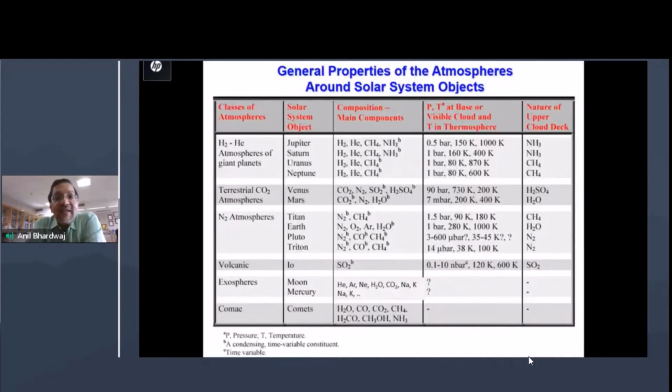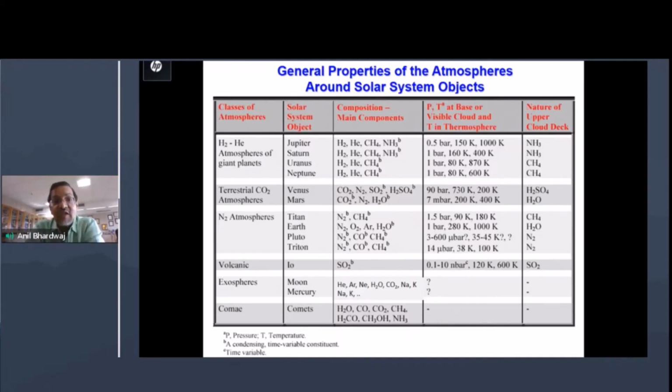If you look at the atmosphere of these planets and planetary bodies in our solar system, Earth, we know, is dominated by nitrogen and oxygen. So it is like you can say 80% nitrogen, 20% oxygen, or briefly 78% nitrogen and almost 19-20% oxygen, and then other minor species.